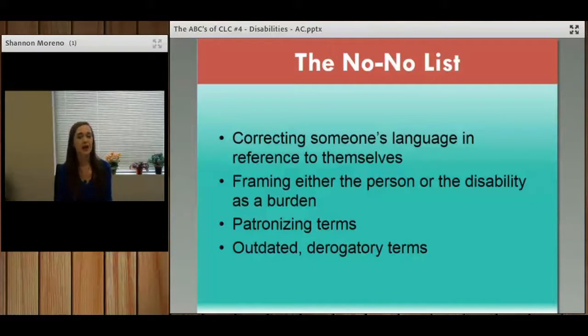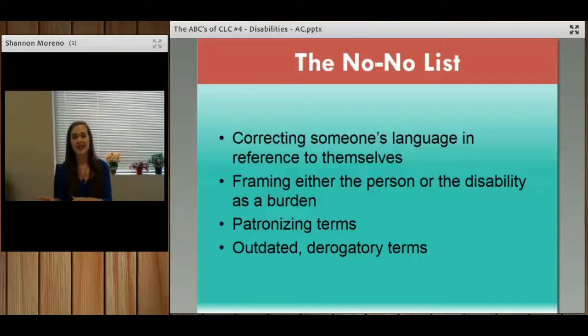Now, of course, here I'm not talking about language being used in a way that is self-deprecating. So, picking up on tone of voice and the context of what someone is saying, if someone is being self-deprecating in the way that they're talking, or if a family member or someone else in the life of this person is using language in a way that is inappropriate, then of course that's something to have a conversation about and explore.